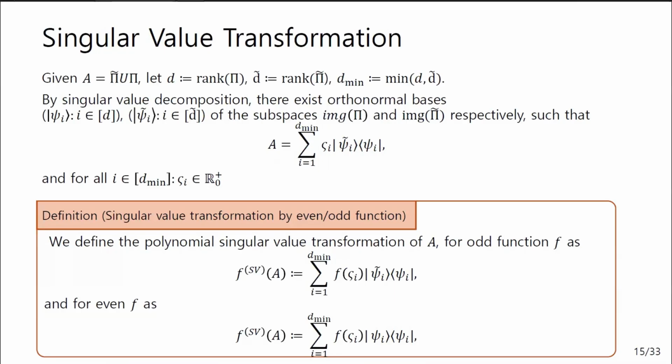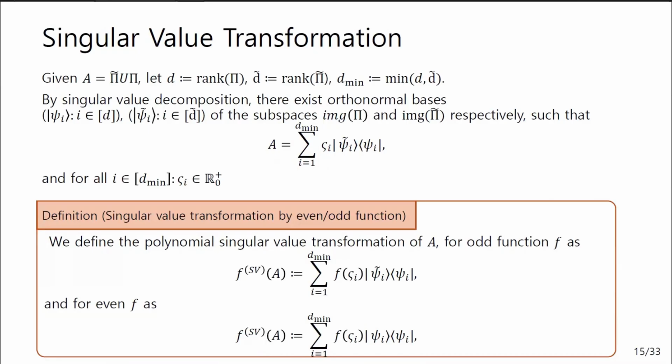And this is the time for defining singular value transformation. I said that A is equal to the sum of sigma i, psi i tilde, and psi i. Then we can define the polynomial singular value transformation of A. Look at the orange box.